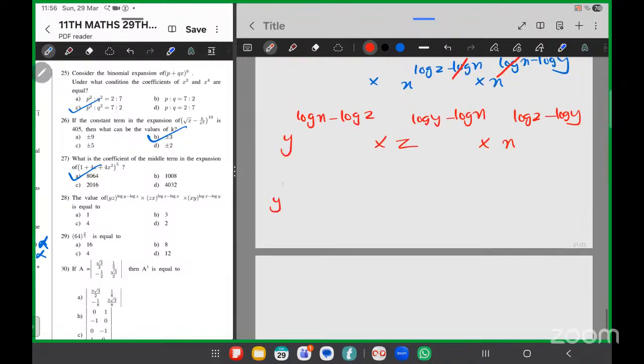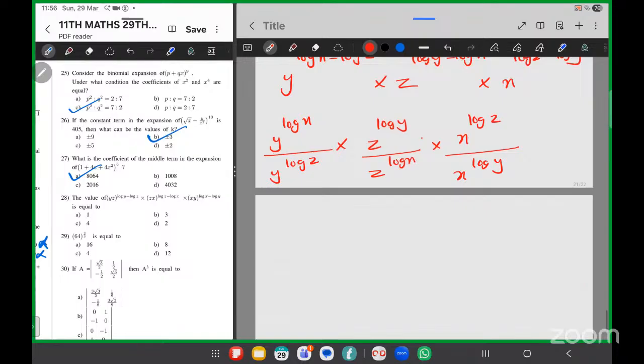So y raised to log x by y raised to log z into z raised to log y divided by z raised to log x into x raised to log z divided by x raised to log y. By using the property of the logarithm, this can be exchanged. So it can be written as x raised to log y. Then this also we can exchange.